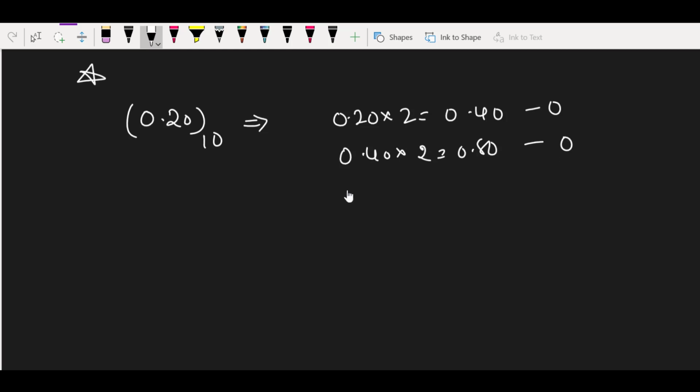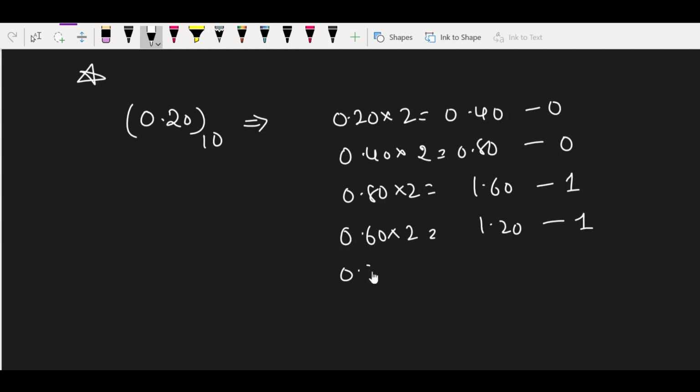Let's keep 0 aside, again multiply. 0.80 into 2 will be 1.60, keep 1 aside and take 0.6 again. 0.60 into 2 will be 1.20, keep 1 aside and take 0.20. If you look here, again we end up with the same starting number, which will again give 0.40.